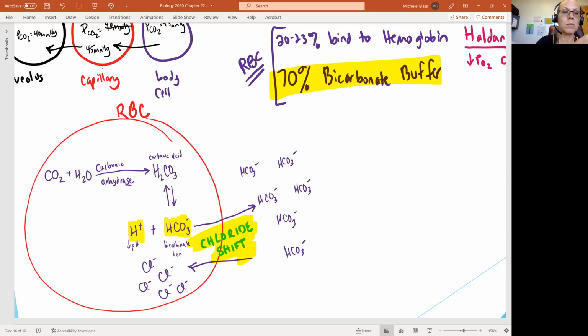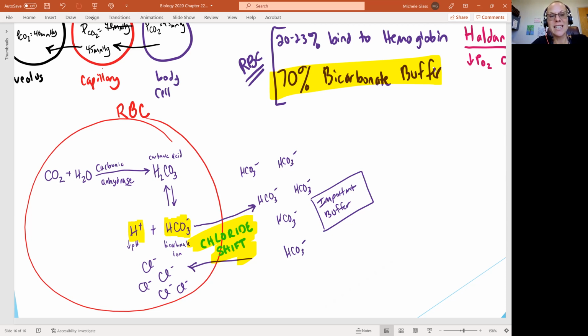Now this bicarbonate ion is going to be an important buffer for body fluids. Buffers are molecules that can help moderate your pH. So what will happen is bicarbonate ion will pair with extra H+, which makes carbonic acid.